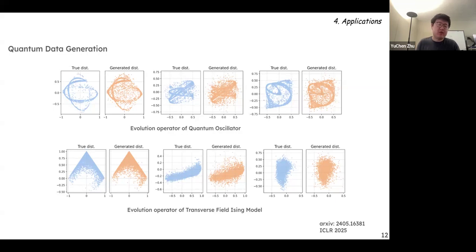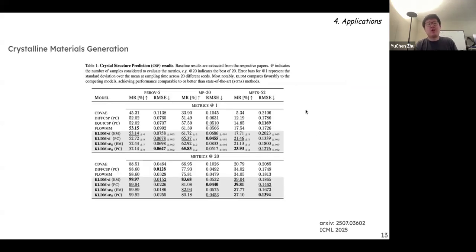Below is the one for the transverse field Ising model, which has a lot of applications in condensed matter theory and statistical physics. So again, our method accurately captured the ground truth distribution despite the complicated patterns. And we are actually the first work to be able to generate data on the unitary group.